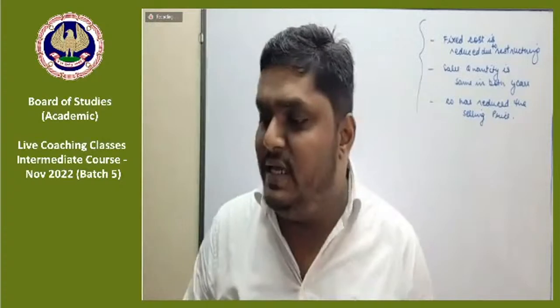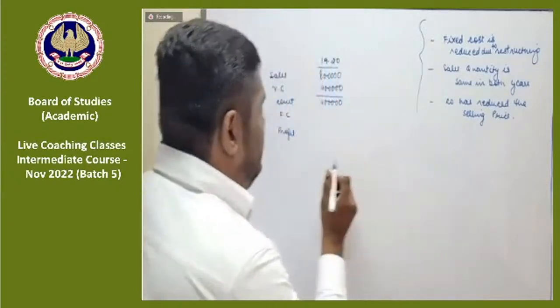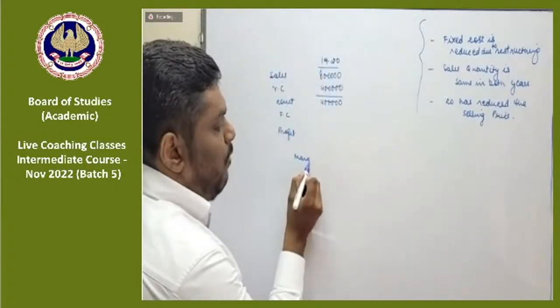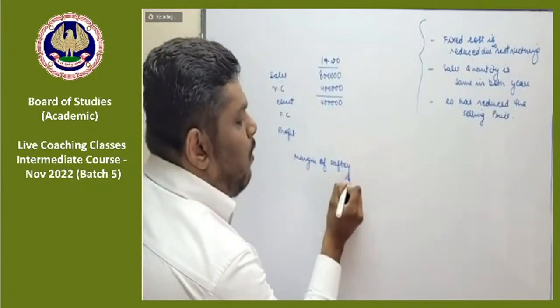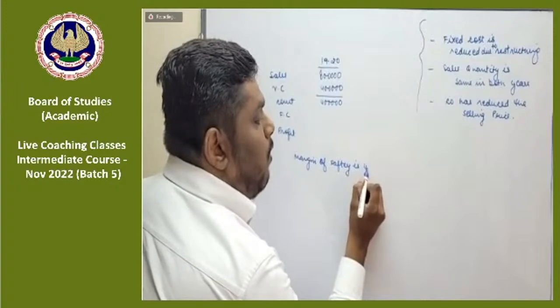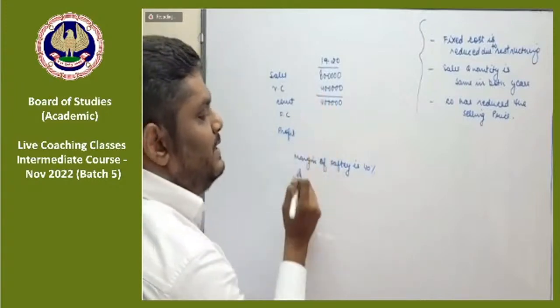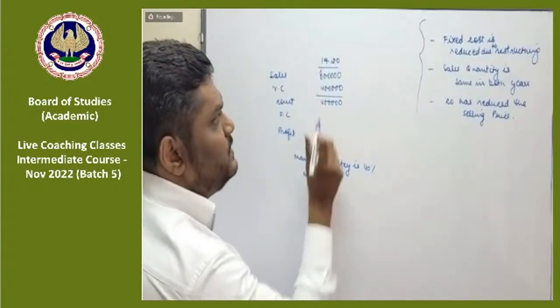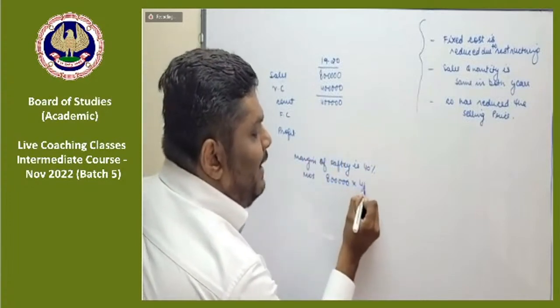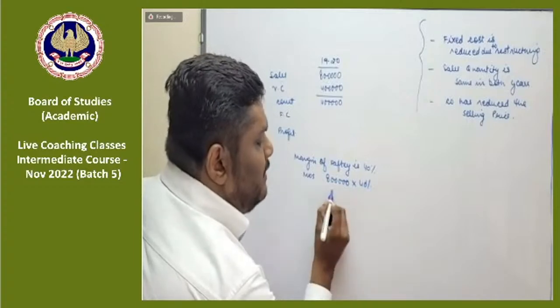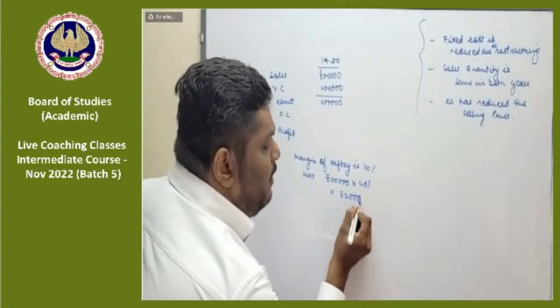Margin of safety is given, that is 40% of total sales. So margin of safety sales will be how much? 8 lakh into 40%, that is 3,20,000.